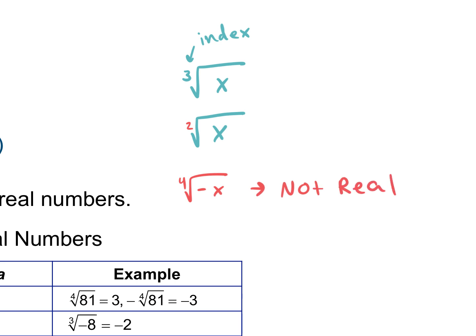But if I had an odd index, let's say the cubed root of negative x, we can do this. It would be a negative number. So an even index, we cannot take of a negative number. An odd index is okay.